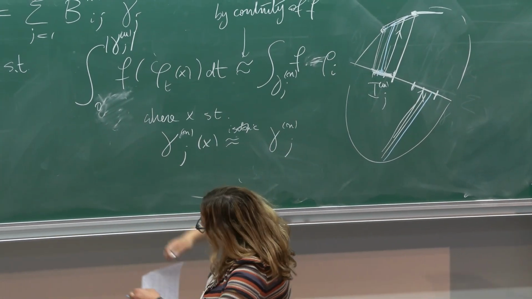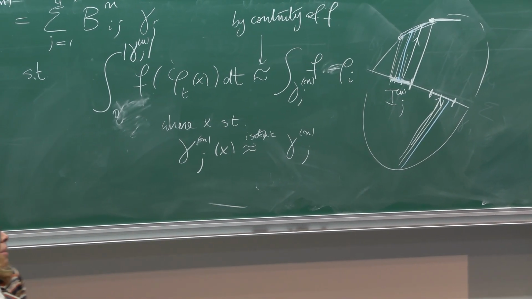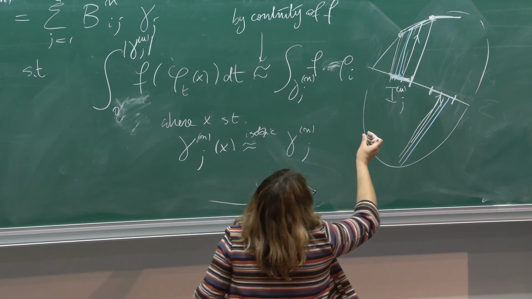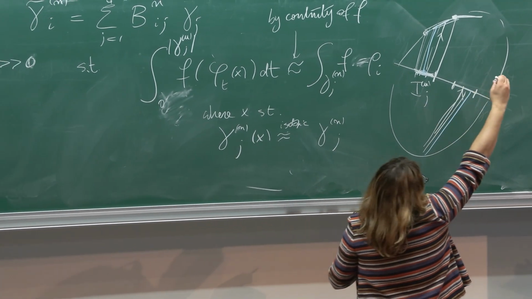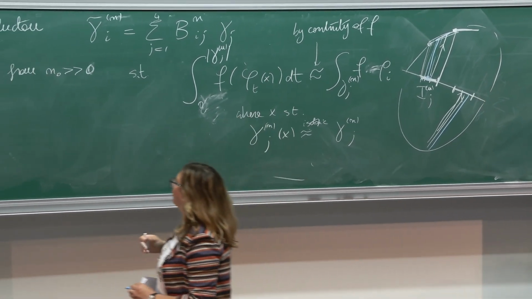So I imagine that my function is essentially locally constant, and maybe I don't start from 0, I start from n0, but I will recall n0 is equal to 0.